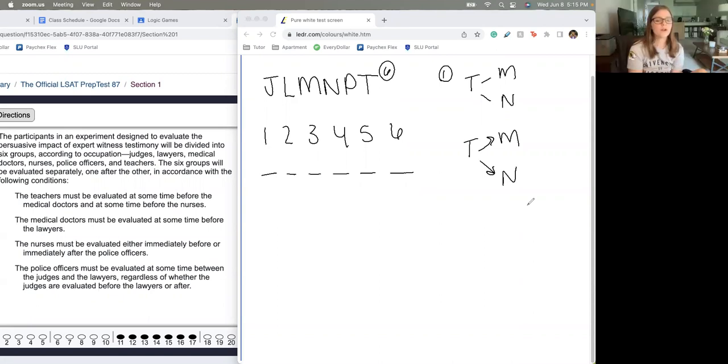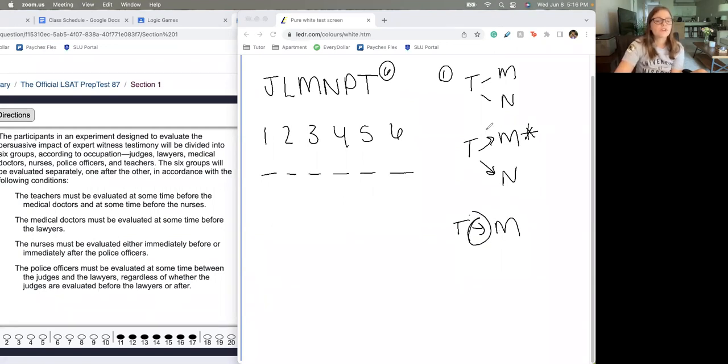The one thing I would say that could be confusing is if you start going into logic reasoning and start learning about contrapositives and conditional statements. I hate those so much. I do not teach those in this class. We look at it a different way. But the formal way of writing those would be like, if I have T, then I'm going to have M. So if you start looking at the logic reasoning side of how to diagram those conditional statements, they're going to be using an arrow.